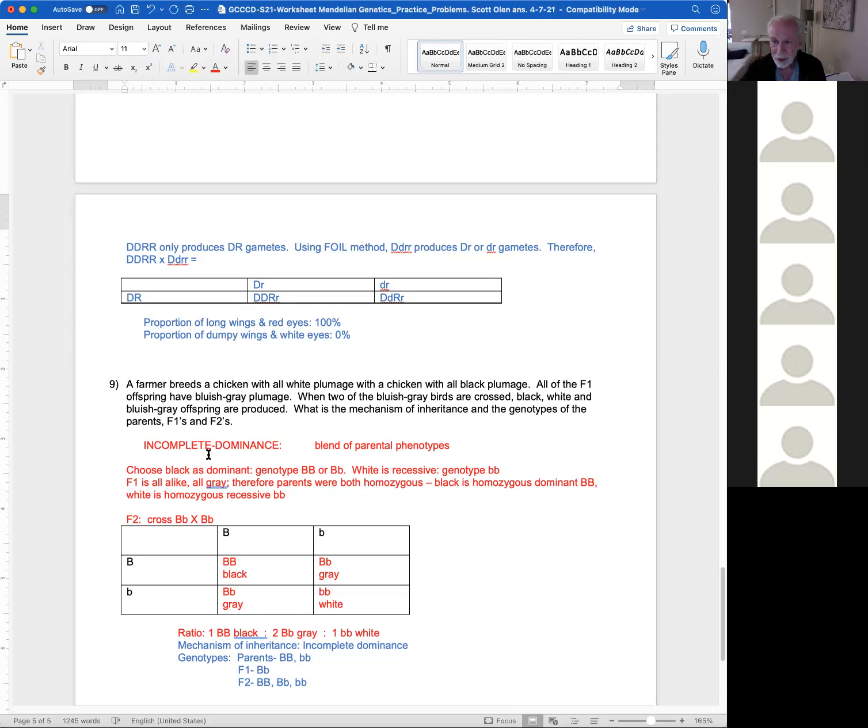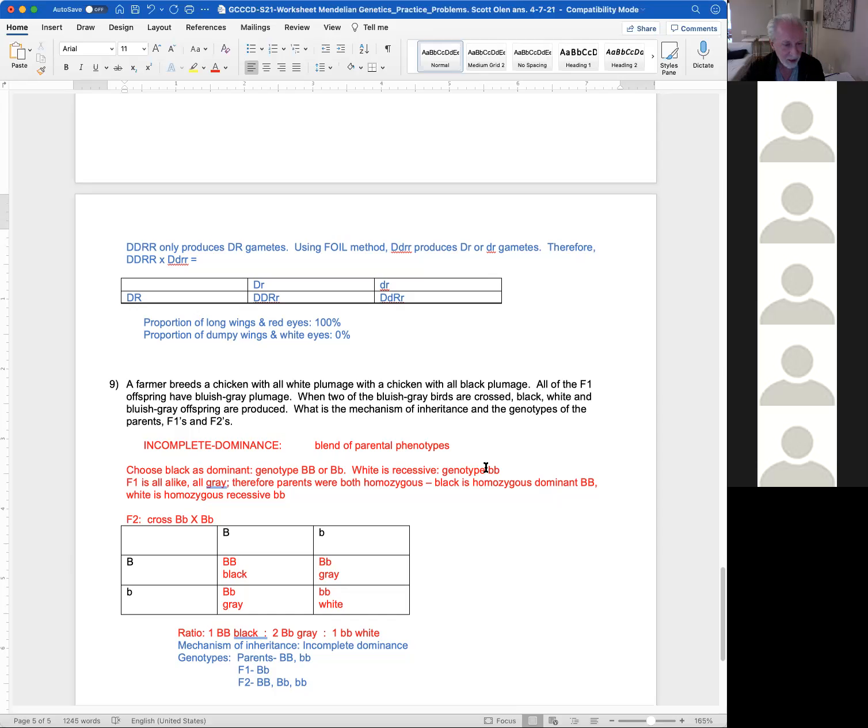Well, we'll choose black as dominant. That means a black chicken is big B, big B, or big B, little b. It could be homozygous dominant, or it could be heterozygous.